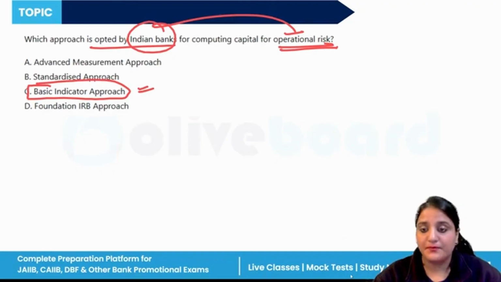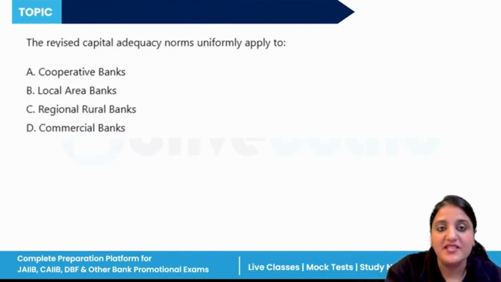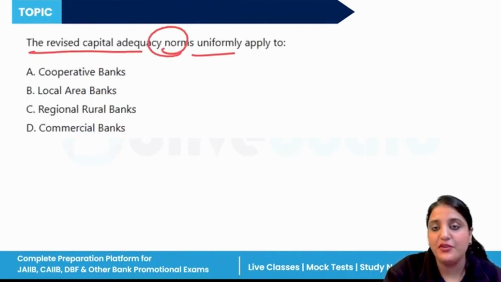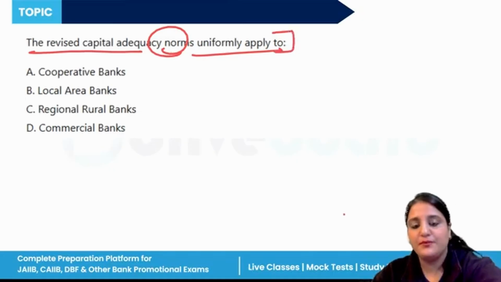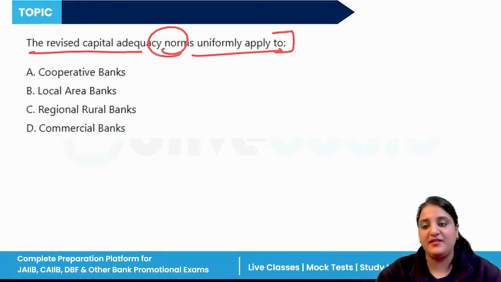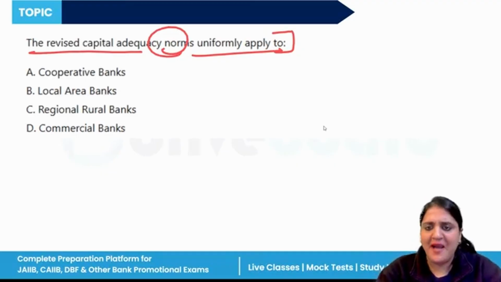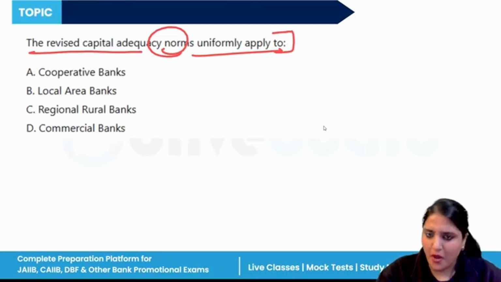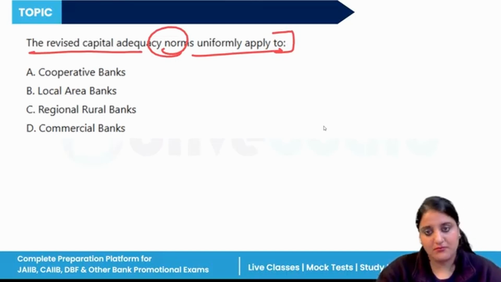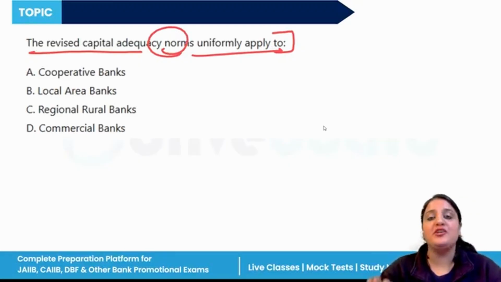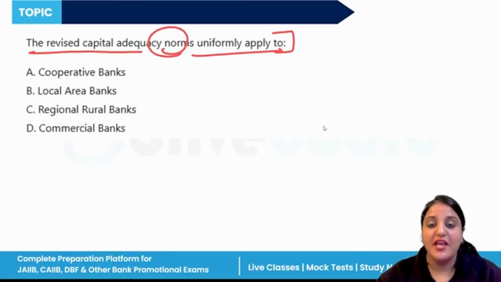Now, the revised capital adequacy norms apply uniformly to... Suppose there is a cooperative bank manager who asks, do the Basel revised norms apply to us? No. The norms apply uniformly to the commercial banks.